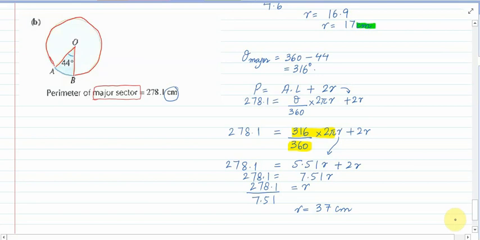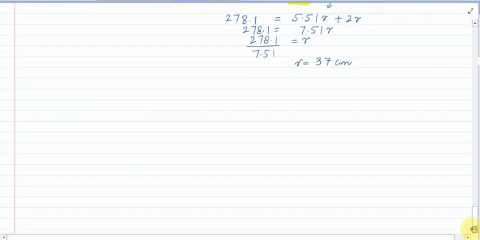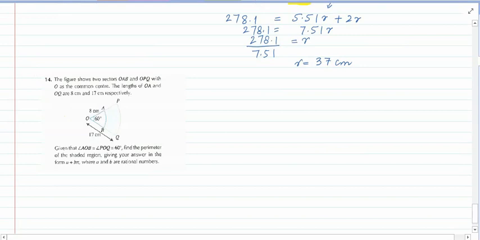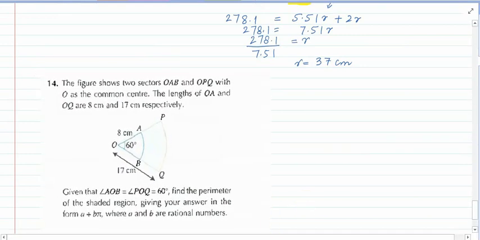Now after question number 13, moving on to question number 14. So you can see you have a sector. The question says the figure shows two sectors OAB the small one and OPQ the big one.